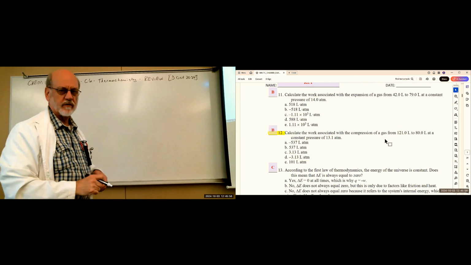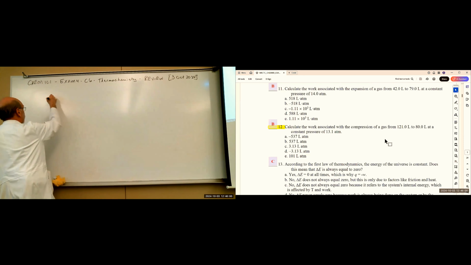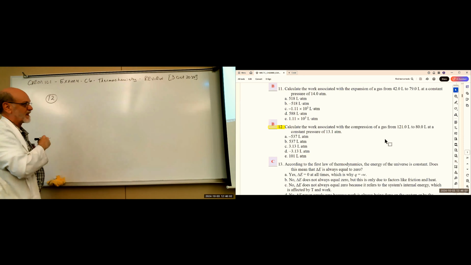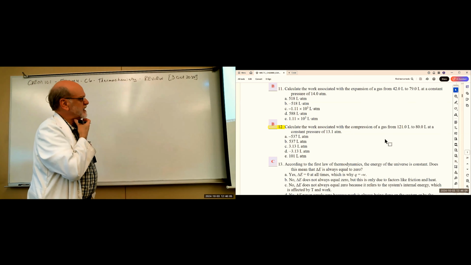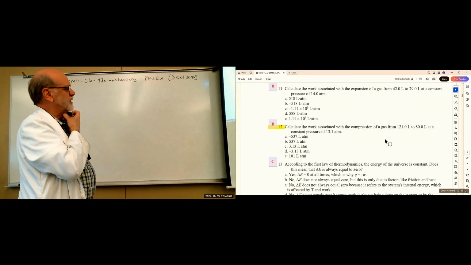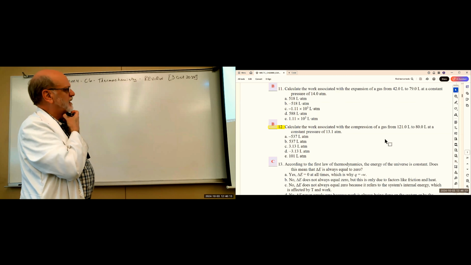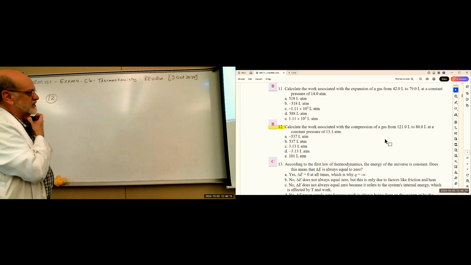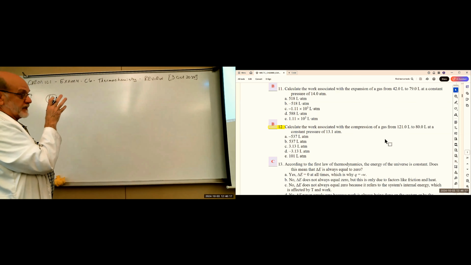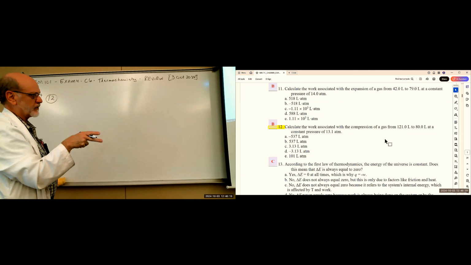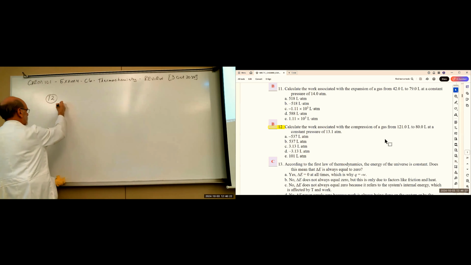Let's try number 12. Calculate the work associated with the compression of a gas from 121 liters to 80 liters at a constant pressure of 13.1. Oh, this is even simpler than the last one. Okay, if a gas is compressed, it's starting at 121.0 liters.